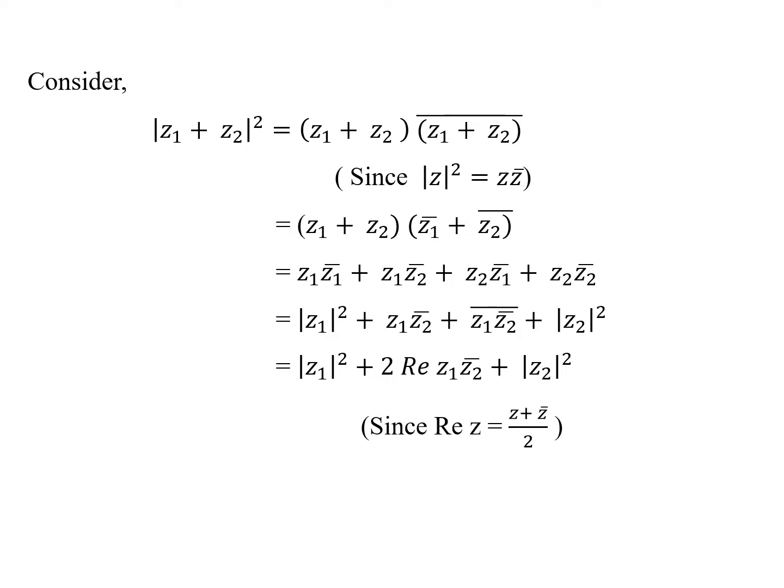The fourth term, z2 into z2 conjugate, is mod z2 the whole square. Next, we keep the first and last terms as they are. The second term is z1 into z2 conjugate, and the third term is its conjugate.